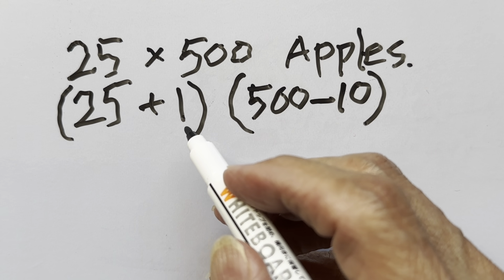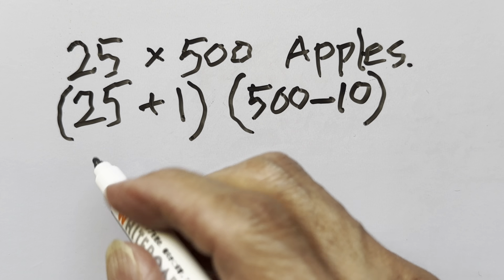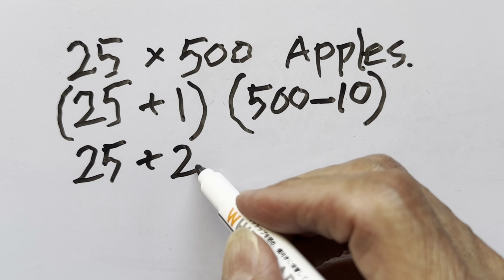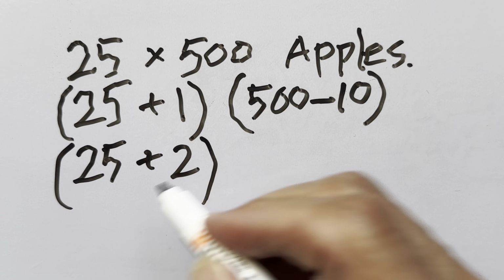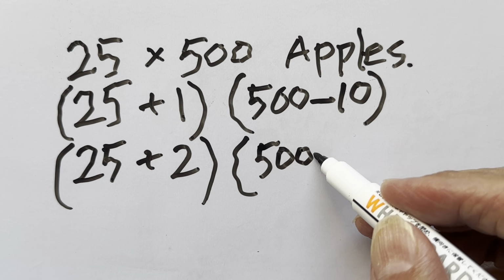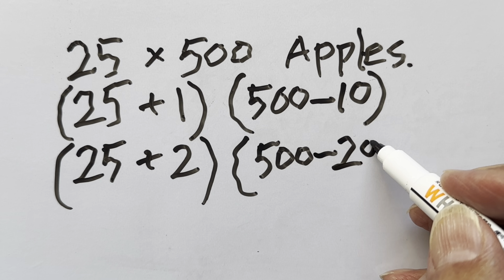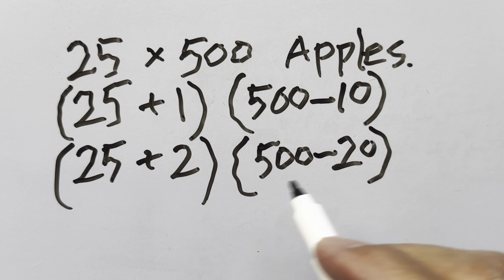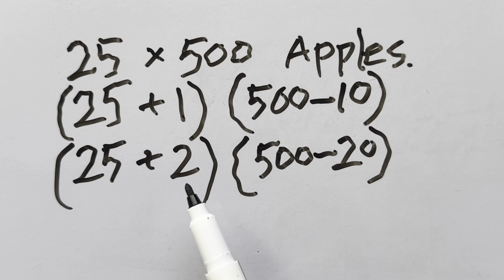If I plant one more tree, if I plant two more trees, then the number of apples per tree will decrease by 20. And this product is the total number of apples produced if I add two more trees.